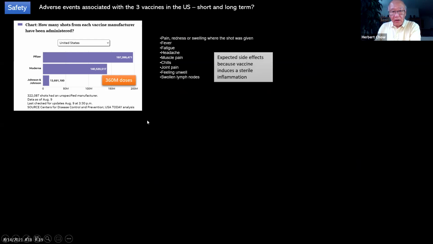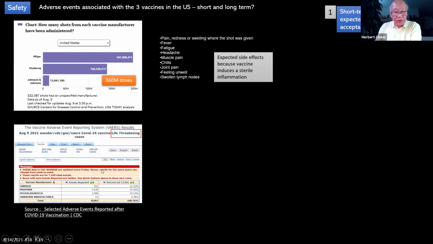The run-of-the-mill: I have pain, I have fever, I have 101 fever, fatigue, I have all of them. These are expected side effects because the vaccine is supposed to induce an inflammation, right? So it's expected.